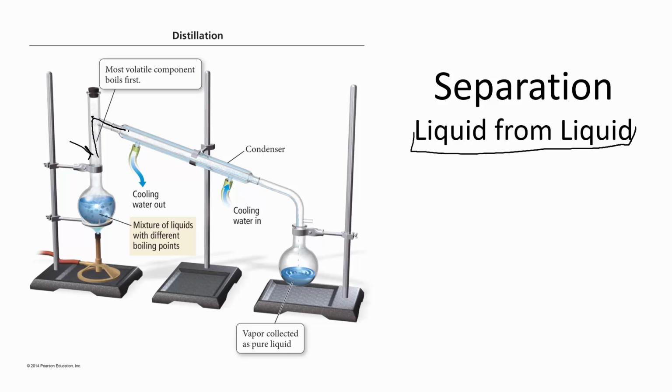And then as it cools down, it turns back into a liquid. We can collect it down this little side arm in a condenser. Now, this is a mixture of two different liquids initially, but we can actually separate them out by the physical property of one boiling faster than the other. So we're taking advantage of that physical property.